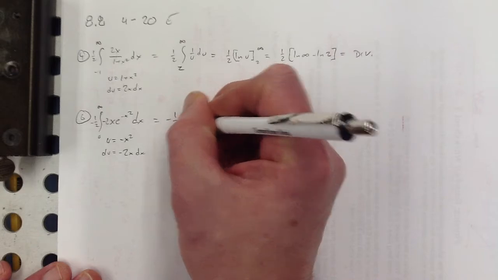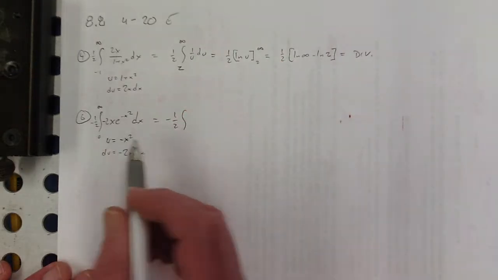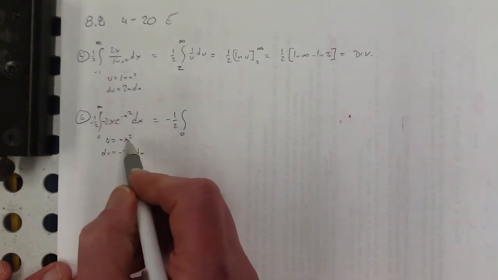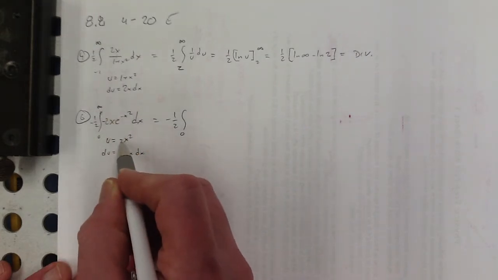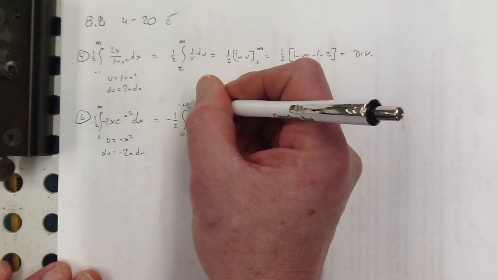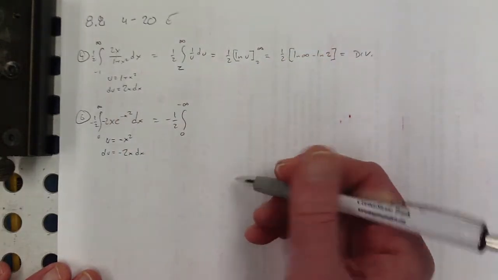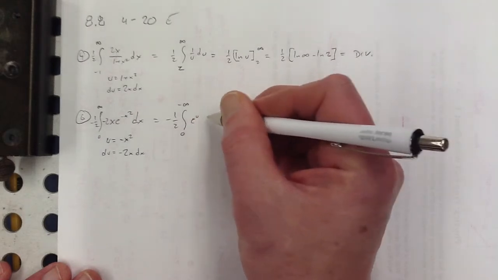So the rewrite: -0 squared is 0, negative infinity squared is infinity, and the negative sign is not getting squared, so that is negative infinity. And then all this inside turns into e to the u.